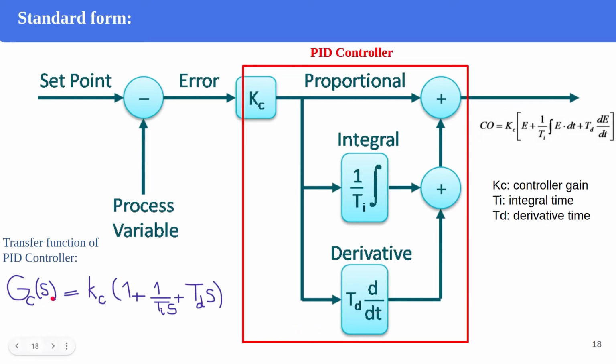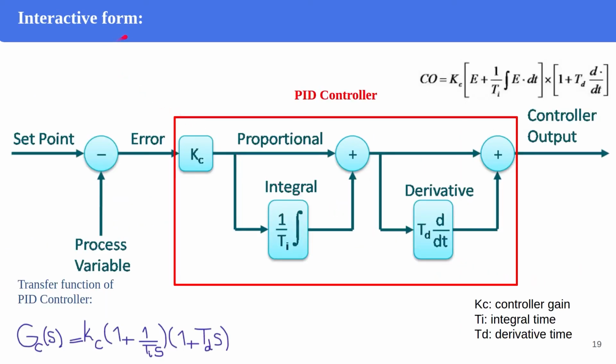So the transfer function of this standard form is Kc multiplied by 1, plus 1 over Ti multiplied by s, plus Td multiplied by s.